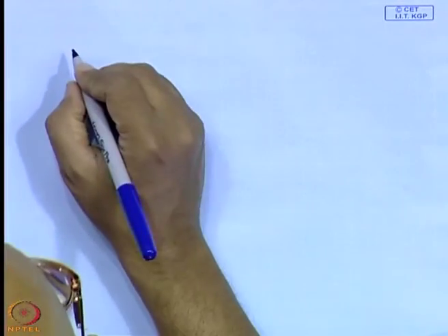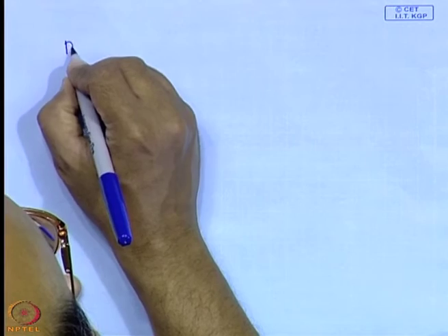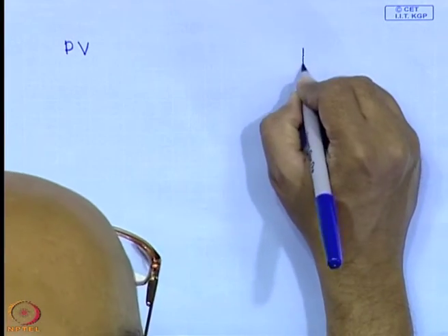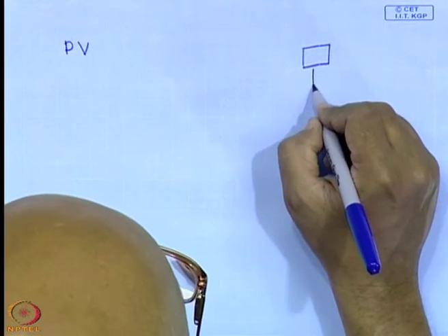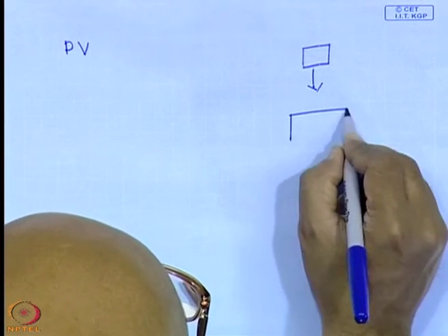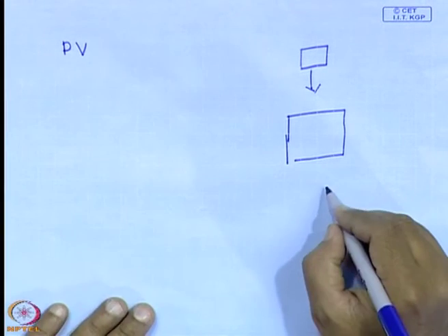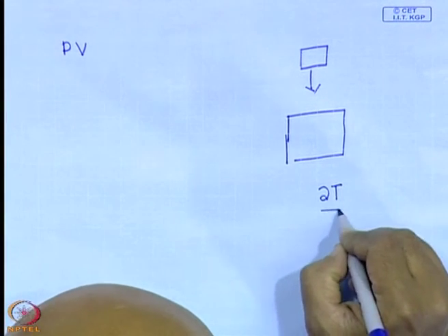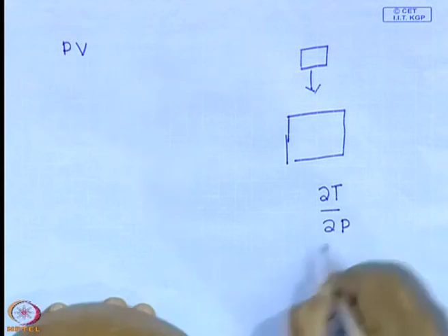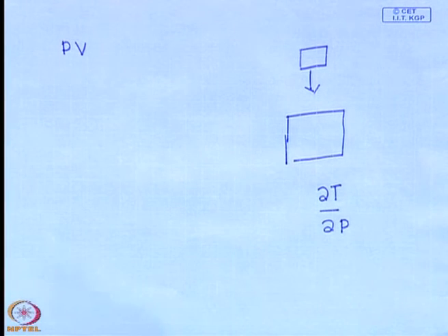So, we know that it has an equation of state. Let us consider a gas, and this gas is made to expand adiabatically. We would like to calculate del T del P for such an adiabatic expansion.